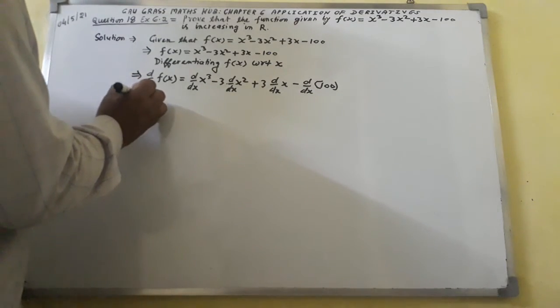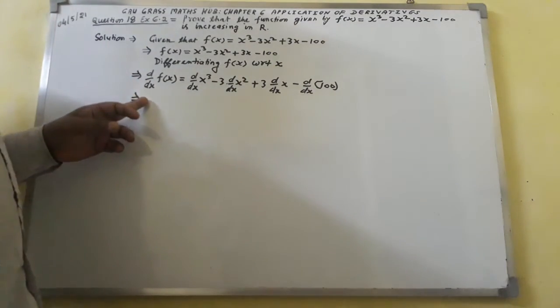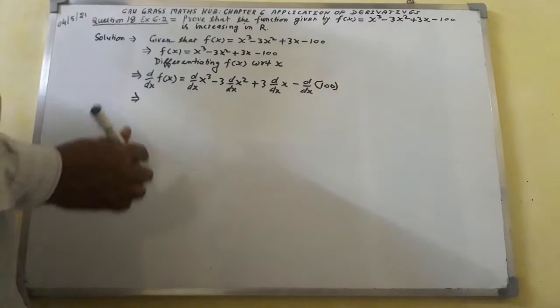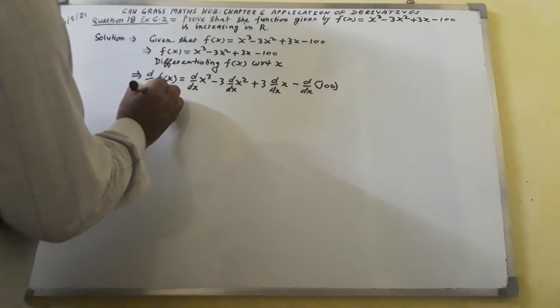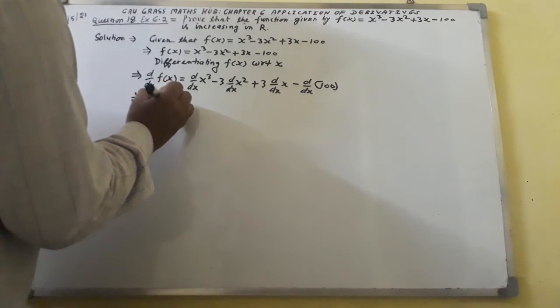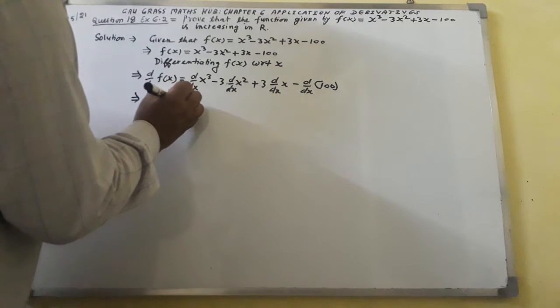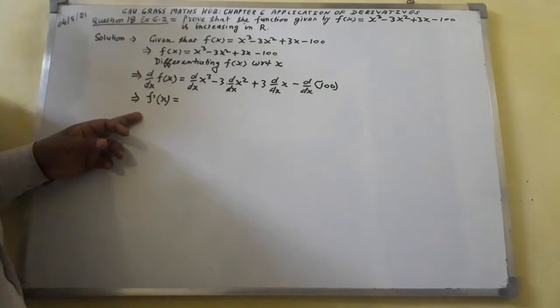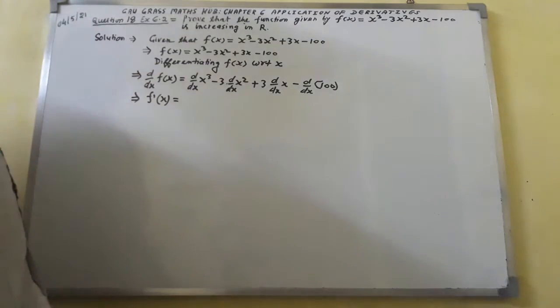Here d over dx of f of x comes out to be f dash of x. Here f dash of x is the first order derivative of f of x.